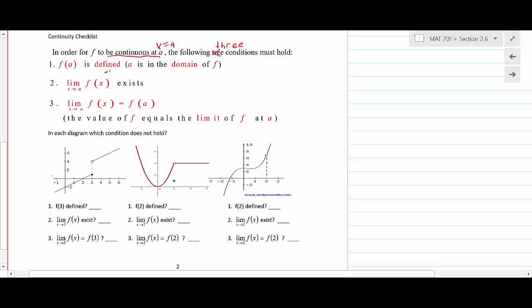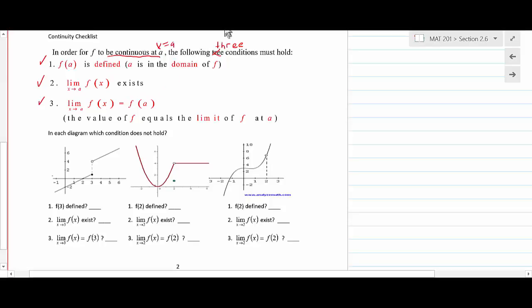The function f of a has to be defined at a, in the domain of f. The limit has to exist, and finally, the limit must be equal to the function value. You want to get this clear in your mind, the formal definition of continuity, instead of just knowing it informally.